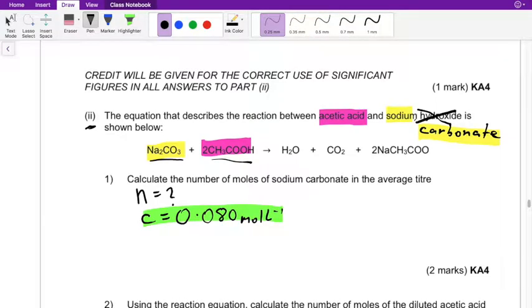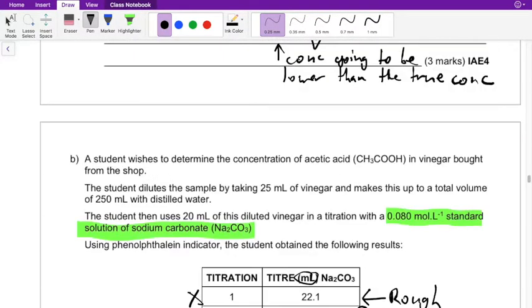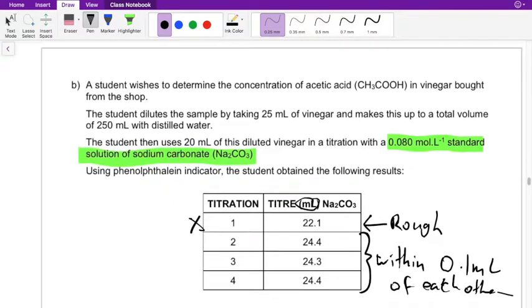And the volume, so just to give an idea of this, the student takes 20 millilitre samples of vinegar and they dilute it, and titrate it against the sodium carbonate. So the sodium carbonate is in the burette, so these volumes are what's in the burette.